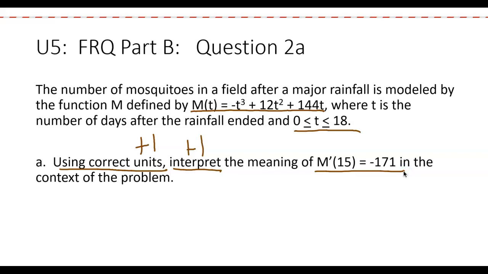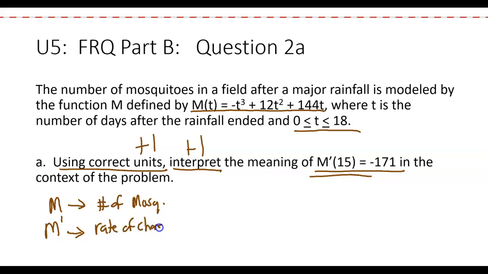So M is the number of mosquitoes. So what is M prime? Because that's what we have here. M prime is the rate of change of the number of mosquitoes. In other words, how fast is the population increasing or decreasing?